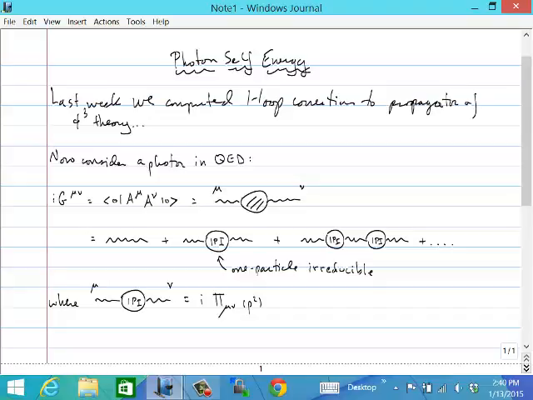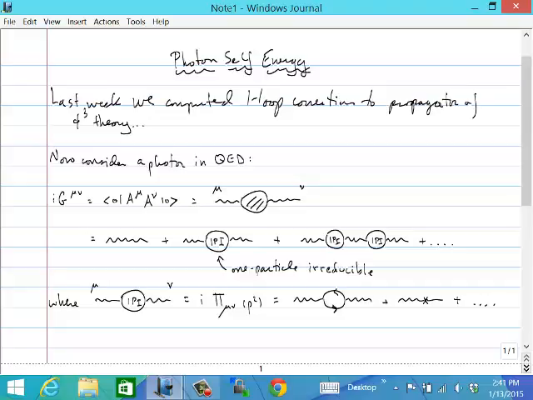It's a two-index tensor rather than a scalar. And if we wanted to compute it in perturbation theory, the leading contribution would involve an electron loop. Okay, so there's an electron going around in a loop, plus possibly some counter terms, plus various terms that are higher order in the perturbation expansion.